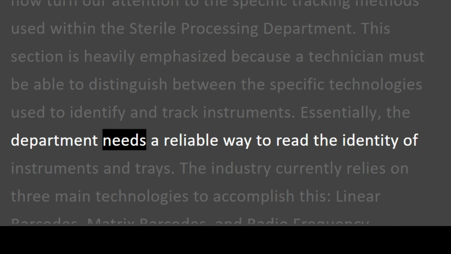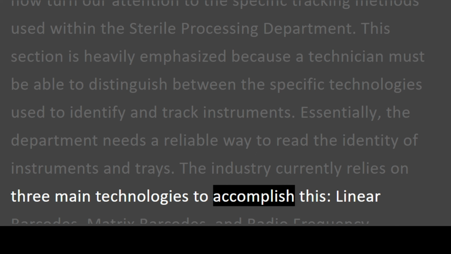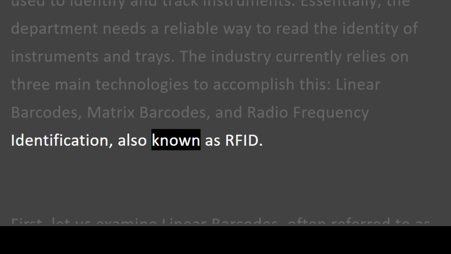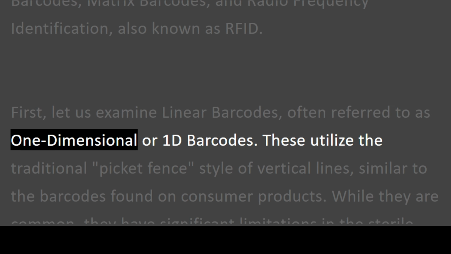Essentially, the department needs a reliable way to read the identity of instruments and trays. The industry currently relies on three main technologies to accomplish this: linear barcodes, matrix barcodes, and radio frequency identification, also known as RFID.